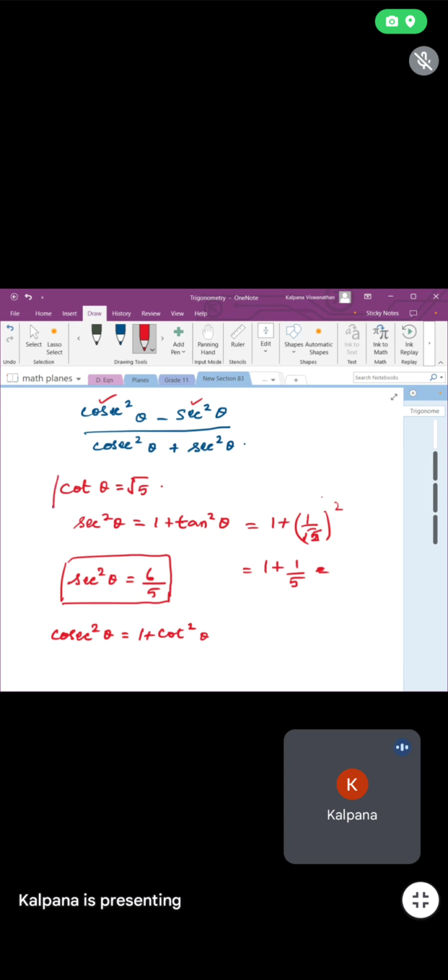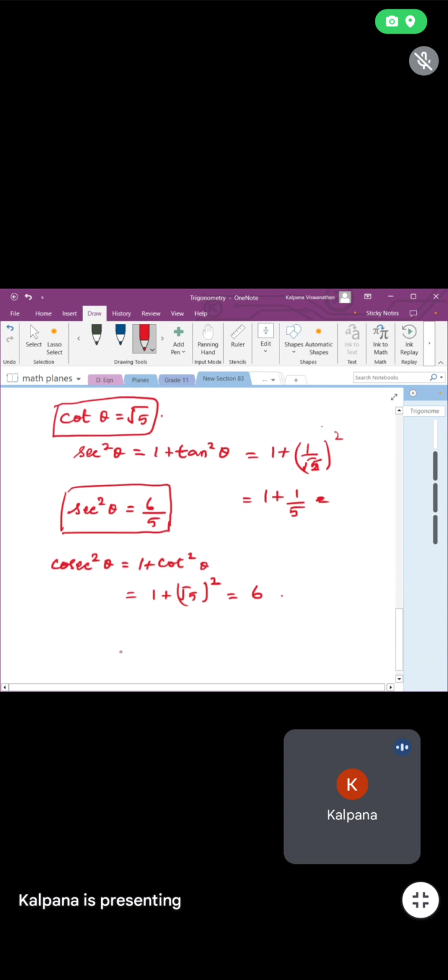We already got the value of cot theta, which is root 5, so 1 plus root 5 the whole square, which is 1 plus 5. So the answer is 6. Cosecant square theta is 6. Now you can substitute in the given question, since we found cosecant square theta and secant square theta.